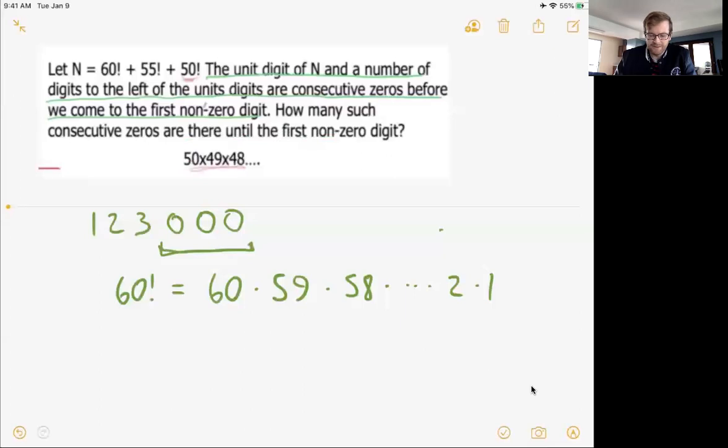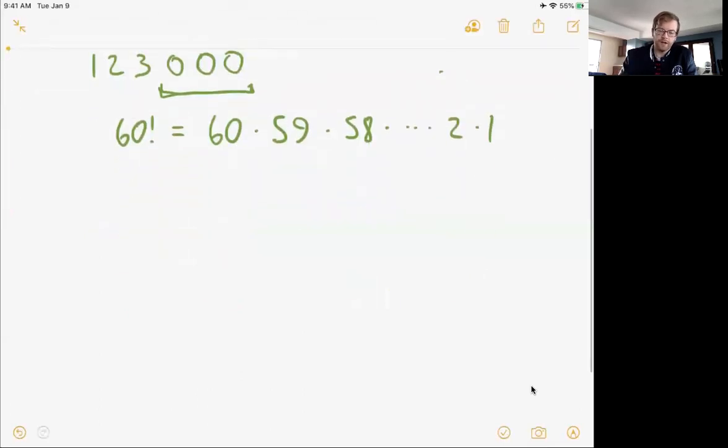But here's how to unlock it, okay? Notice that if we're going to add up some numbers, like I'll take my 123,000 example, and then I'll add like 27, what's that, 2.7 million.